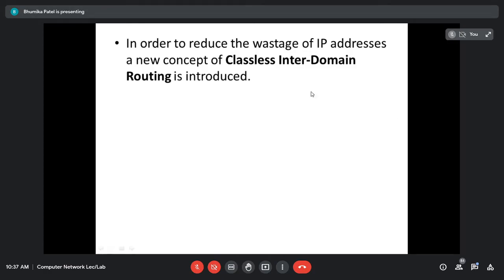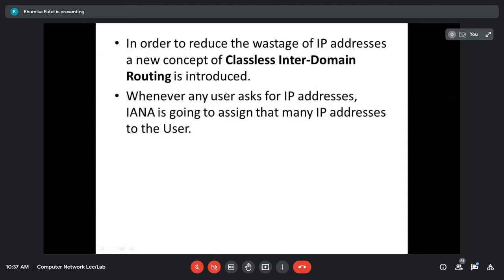So what is classless inter-domain routing? Whenever any user asks for IP addresses, IANA, the Internet Assigned Numbers Authority, which has control over all the IP addresses, will give me only as many IP addresses as my requirement.